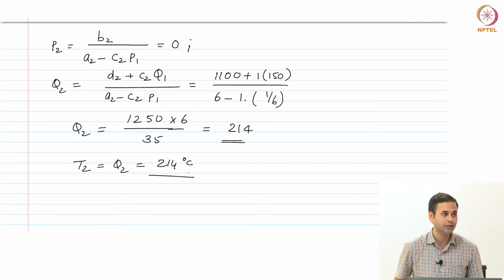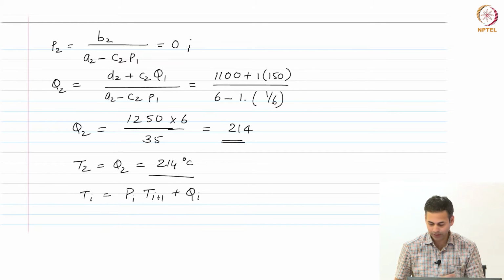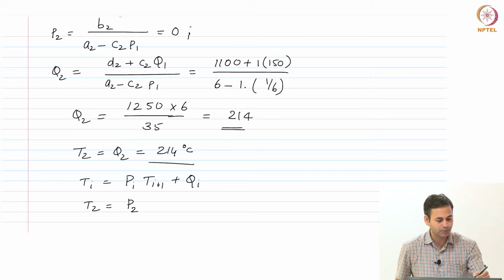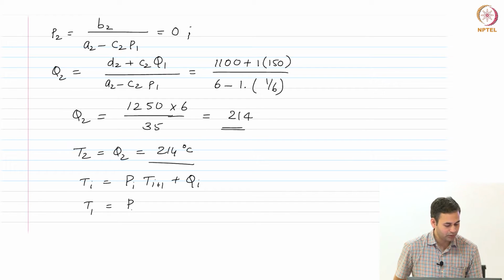Now, we will use the recursion that we already have, that is Ti equals Pi Ti plus 1 plus Qi. I want to write it for P1, so this will be T1 equals P1 T2 plus Q1.